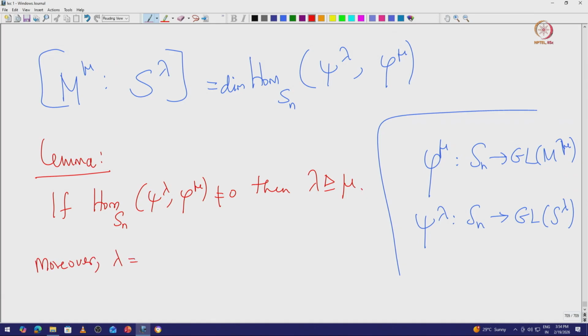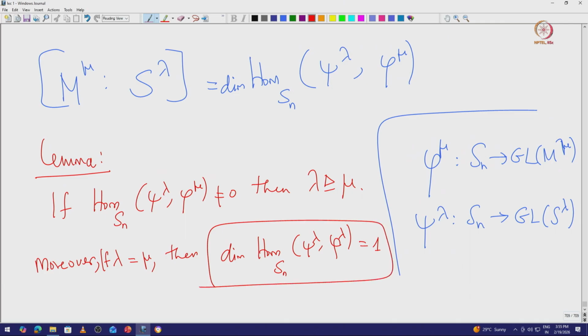Moreover, if lambda equals mu, then we can conclude that the dimension of this Hom space from xi lambda to phi lambda is exactly equal to 1.